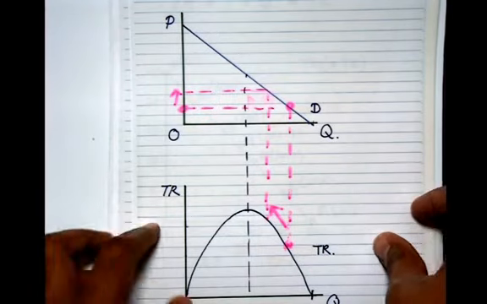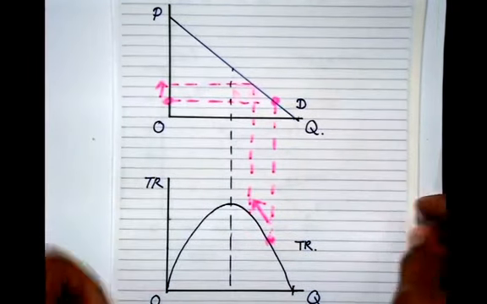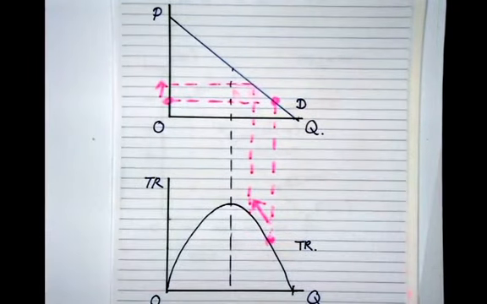That's amazing. That's why elasticity is useful for a firm to know, because it allows you to predict the impact on your total revenue. If you could add that as a conclusion, please.